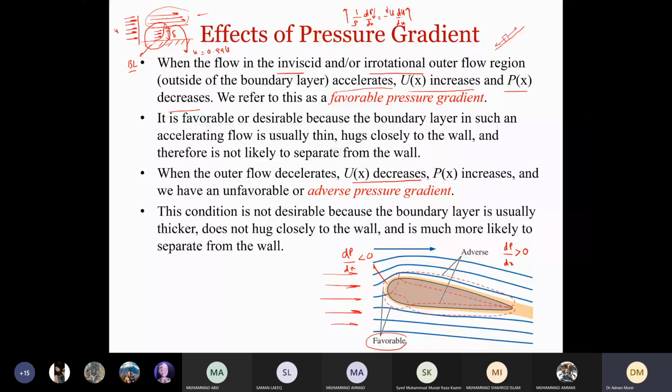That is the reason we have flow separation. If this adverse pressure gradient increases significantly, then we will have flow separation.